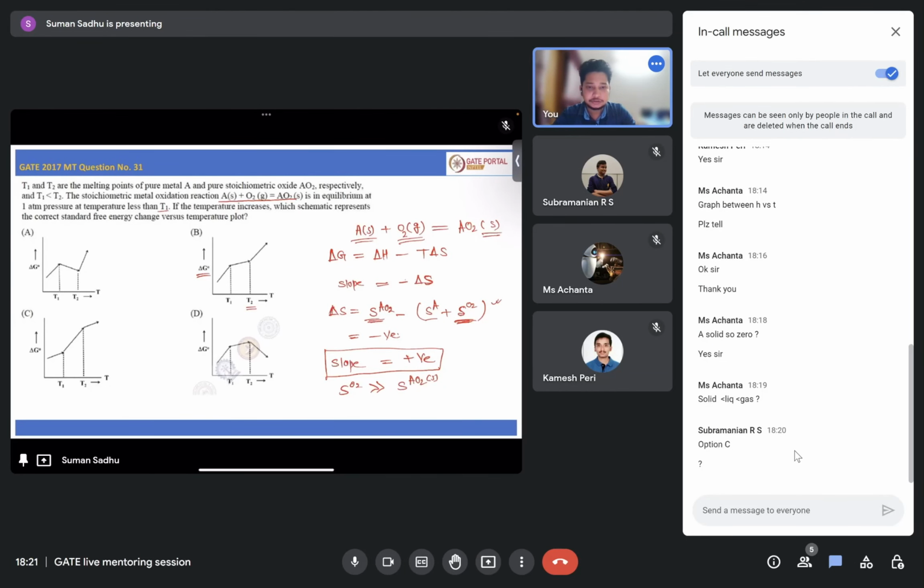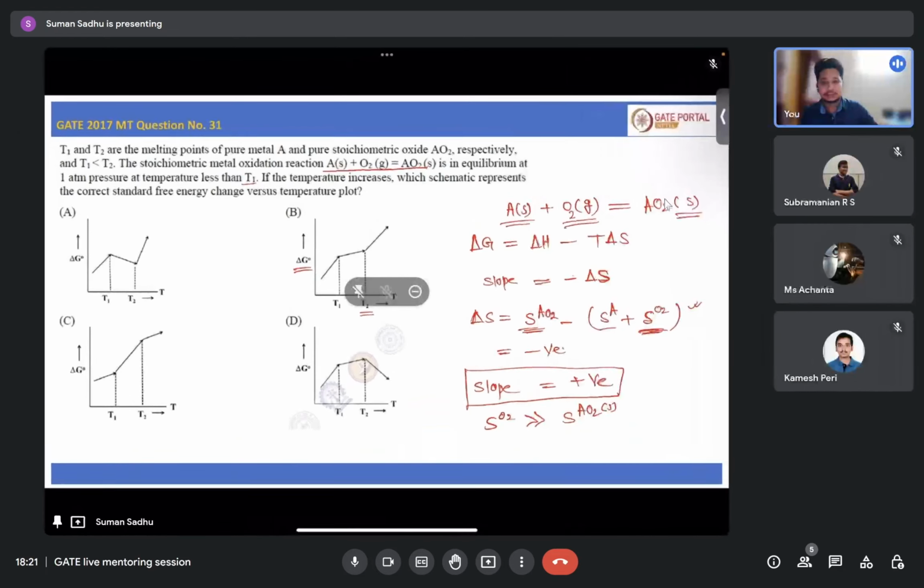Achanta, which option is correct? And in the comments also, you can try to answer. If you are wrong, still it is okay, but at least try to answer. Then at least you think in some direction. It will also help you to approach the question.